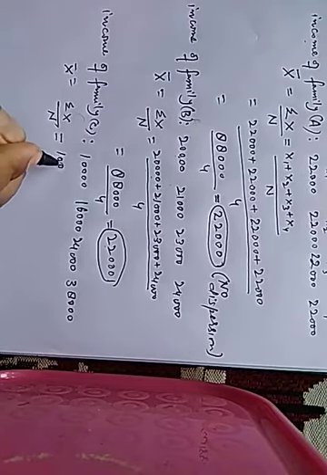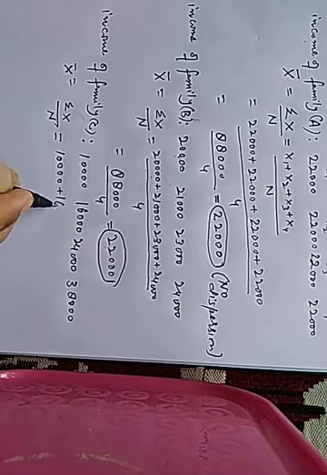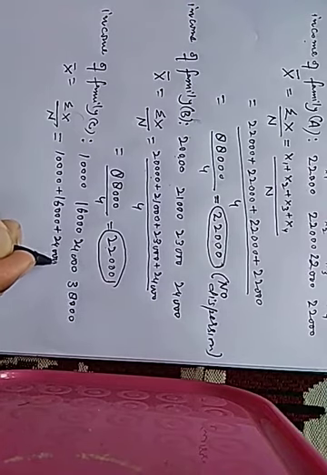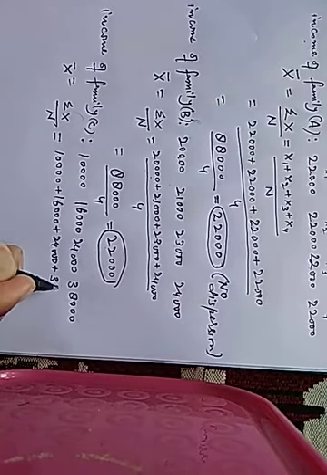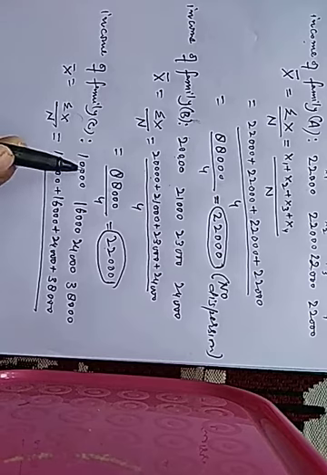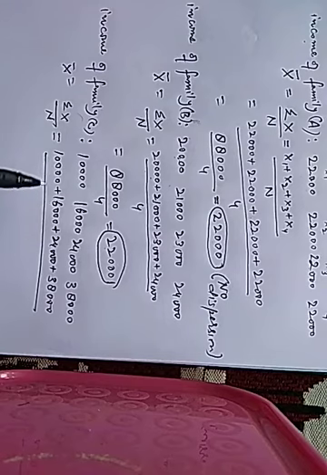It will be equal to sigma x, which is 10,000 plus 16,000 plus 24,000 plus 38,000, divided by total number of items in a given series. That means total number of family members, 1, 2, 3 and 4. This is the income of 4 persons.